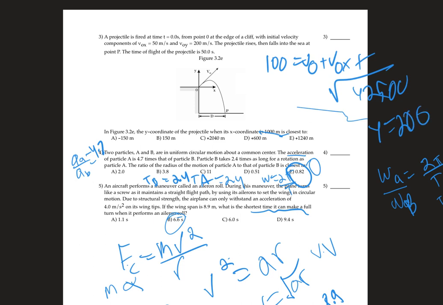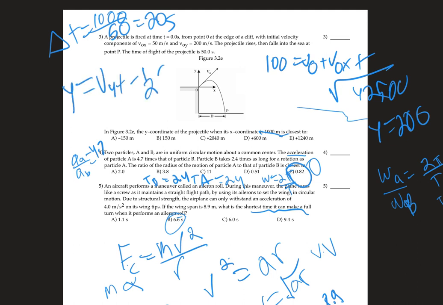That's our y. So then we put that in for the time: 1,050 equals 20 seconds. That's the seconds we have. So now that we have the time, we put it in our equation, v times t plus 1/2 acceleration times time squared. And then we get 2040.